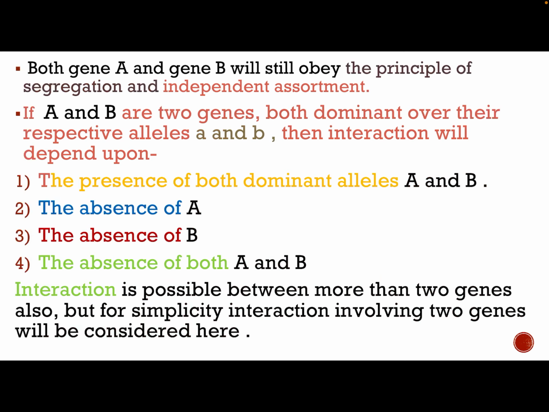And in the fourth condition, both A and B are absent, which means only recessive alleles are present, the recessive of A and the recessive of B. Interaction is possible between more than two genes also, but for simplicity, interaction involving two genes will be considered here.